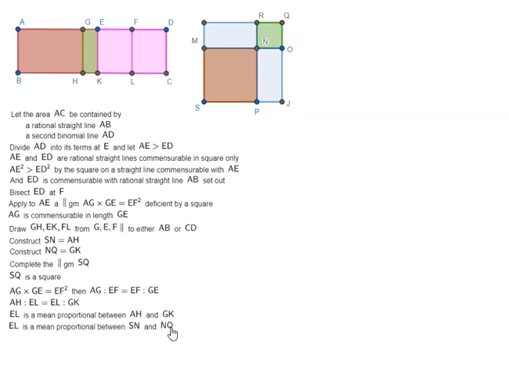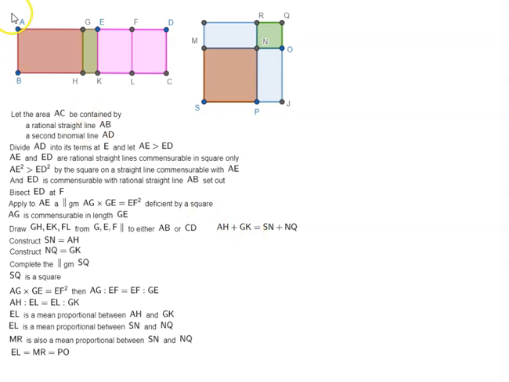And again, based on the lemma we have seen, MR is also a mean proportional between SN and NQ. So which means EL is equal to MR is equal to PO also. Why? Because remember, these two parallelograms are going to be equal.